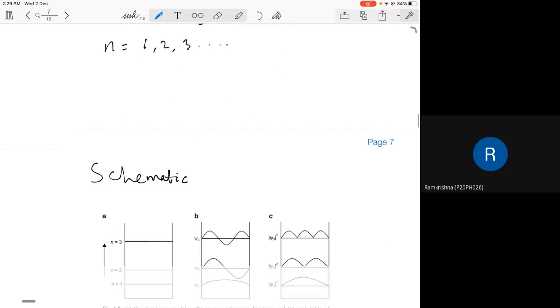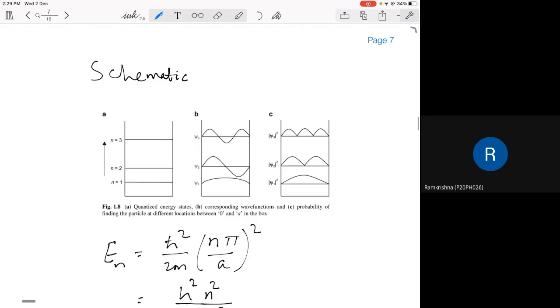In this schematic figure, all these things have been summarized. We have the energy, and these are the different energy levels, which are discrete in nature, corresponding to n equal to 1, 2, 3, and so on.